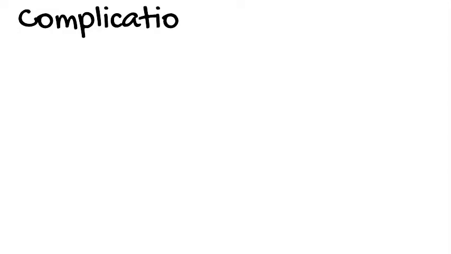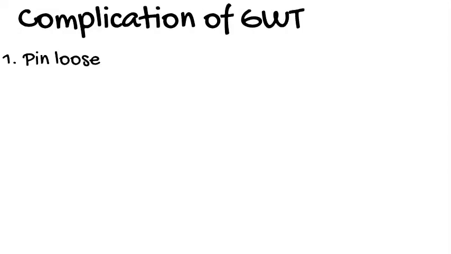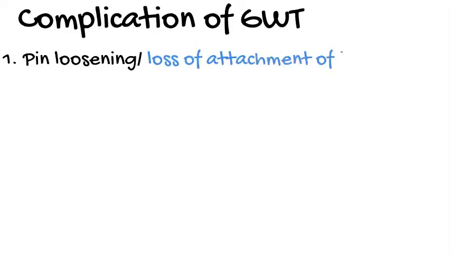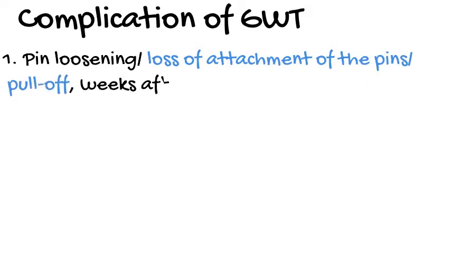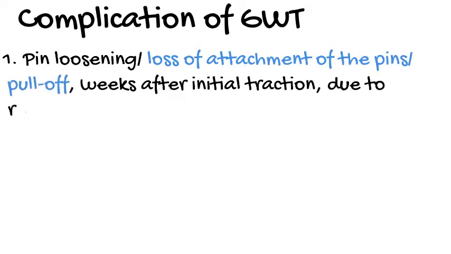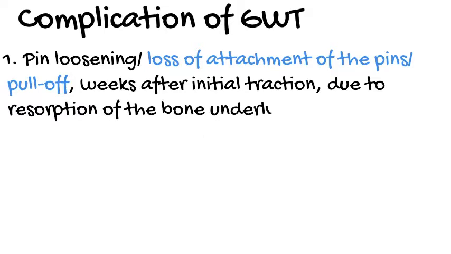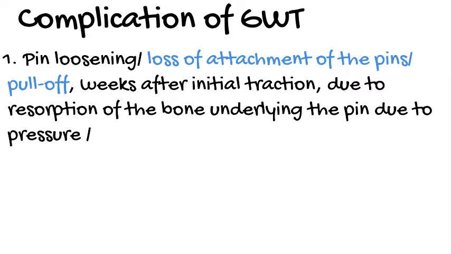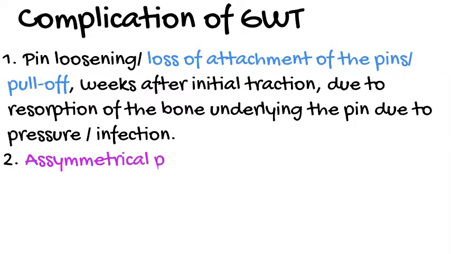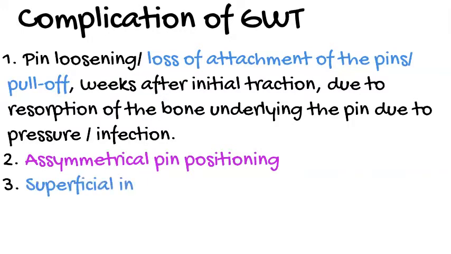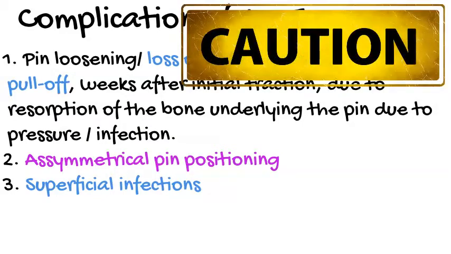What are the complications of Gardner-Wells tongs? 1. Pin loosening or loss of attachment of the pins, or pull off. Weeks after initial traction, it is usually due to resorption of the bone underlying the pin due to pressure or infection. Number 2, asymmetrical pin positioning. Number 3, superficial infection.